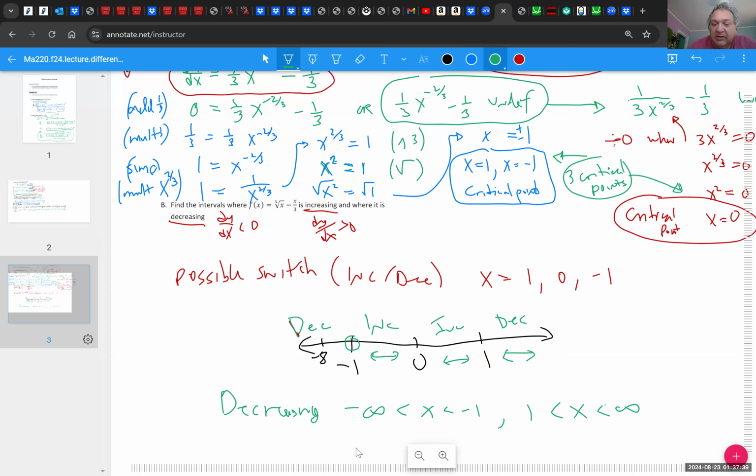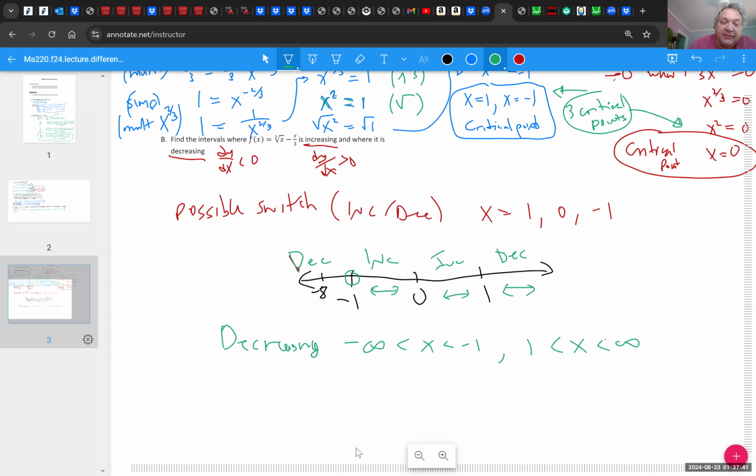So those are all my decreasing intervals. And for increasing, it's these two parts in here. Essentially I have to get rid of 0 because 0 is an undefined point. So I'll go from -1 to 0, as well as from 0 to +1. So those are my intervals of increasing and decreasing.